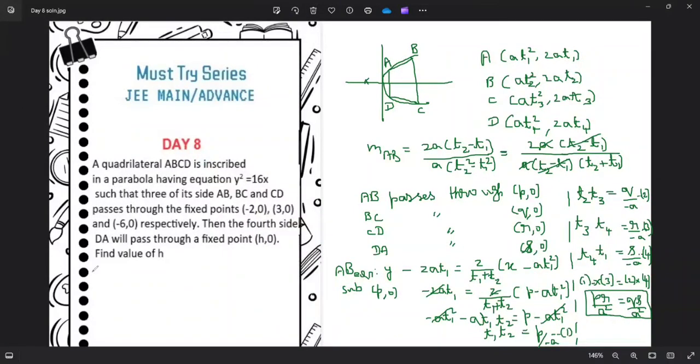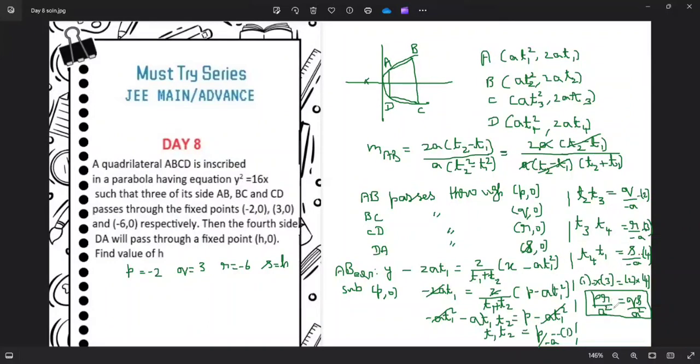Let's just solve this question in a single moment. Let's see how fast we can do that. AB is passing through (minus 2, 0), so the value of p is minus 2. BC is passing through (3, 0), so the value of q is 3. CD is passing through (minus 6, 0), so the value of r is minus 6. And finally, DA is passing through (h, 0), so the value of s is h.